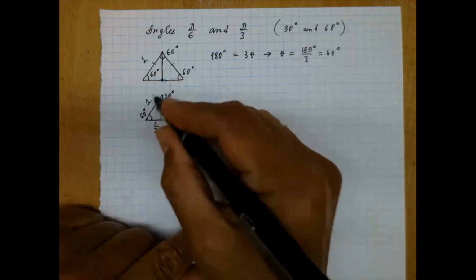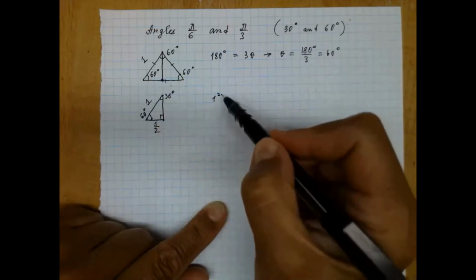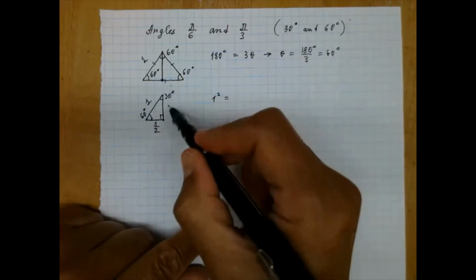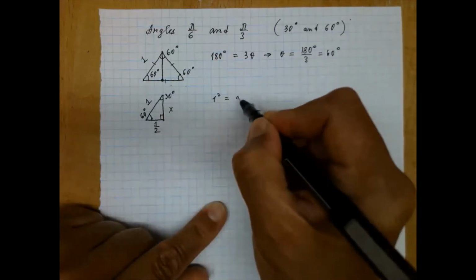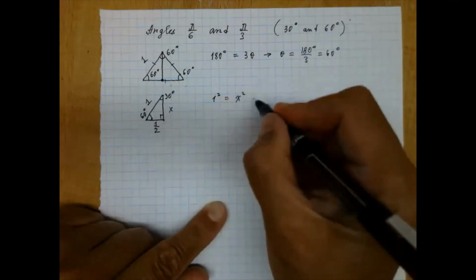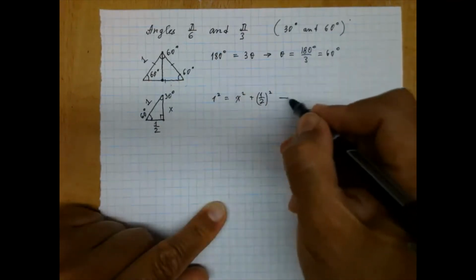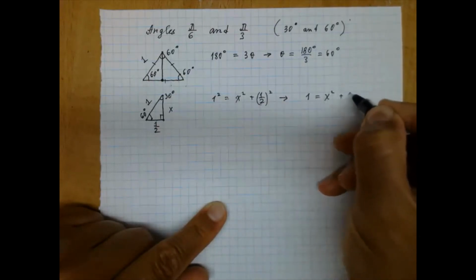The hypotenuse, in our case this one, equals 1, right? 1 squared equals the square of this side plus the square of this side. This side is unknown. Let's label it x. So we're going to put x squared. And this side is known, which is 1/2, and we're supposed to square it too.